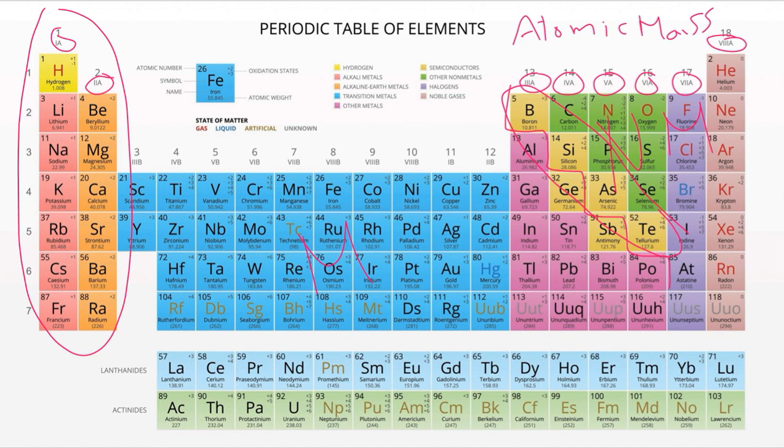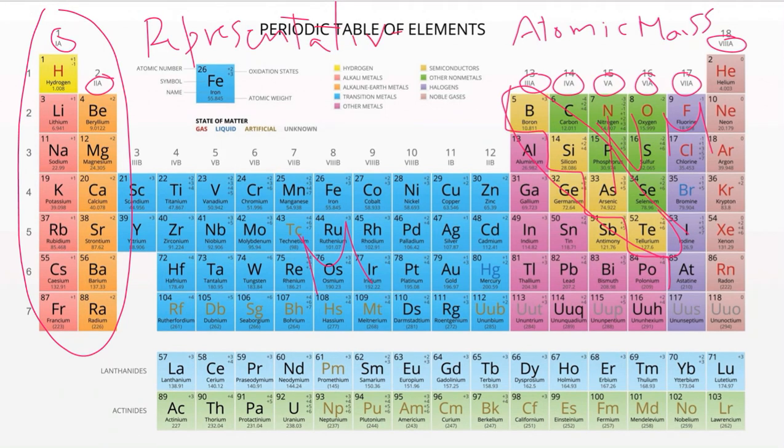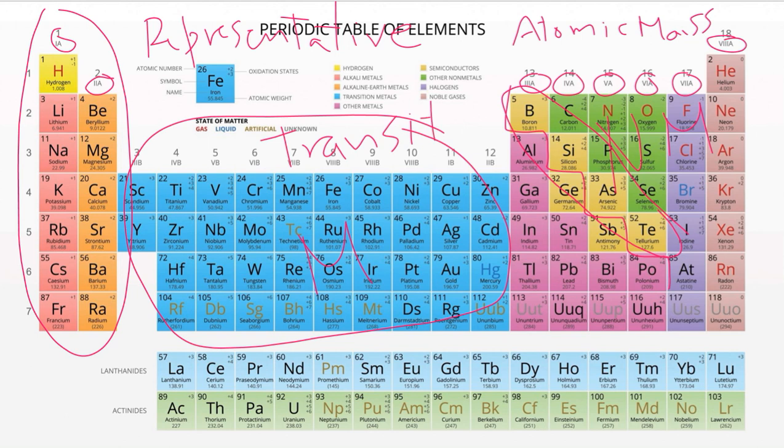These columns or groups with letter A are known as representative elements, and the ones in the block in the middle are the transition elements.